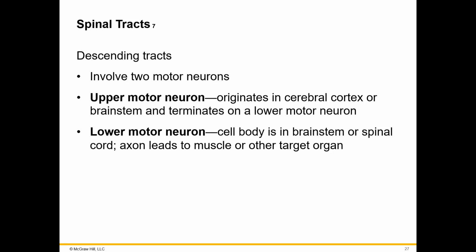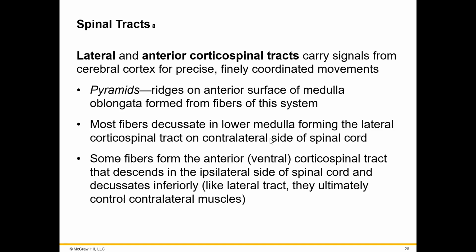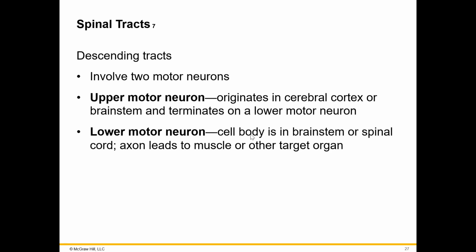Then the lower motor neuron is a cell body in the brainstem or the spinal cord, and the axon leads to a muscle or other target organ. The upper motor neuron comes down and targets the lower motor neuron because it's bringing in an output. It originates from the center because we just received sensory input, we integrated, and we want to generate an output.